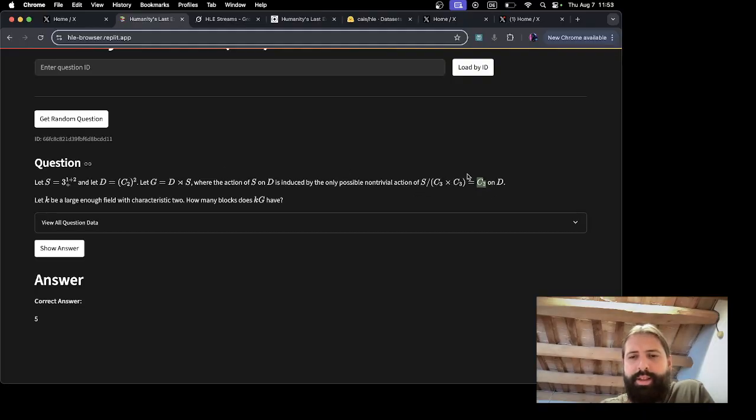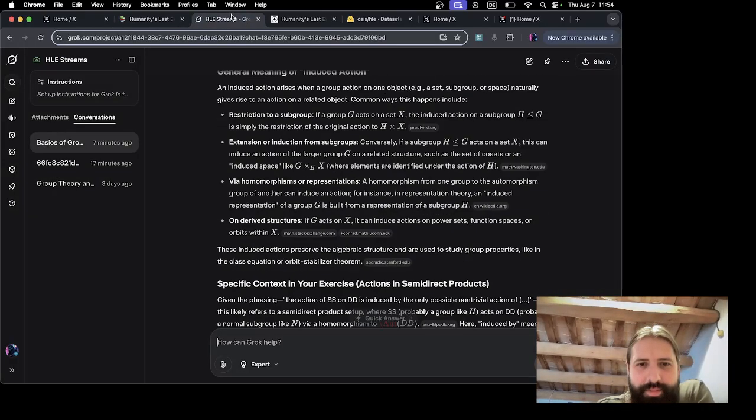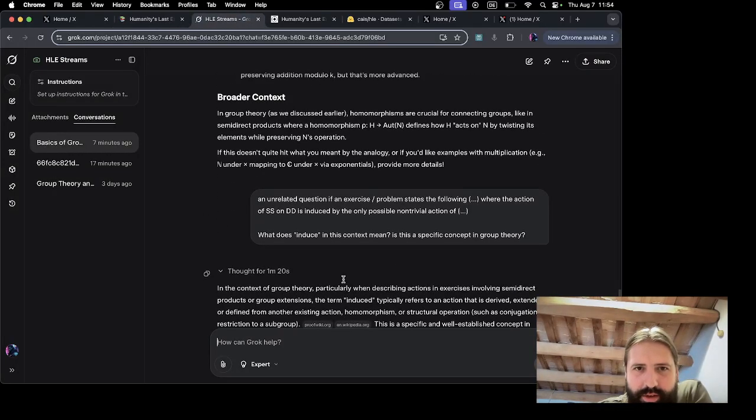And then this is supposed to help us derive the action that we need to apply from S to D. And when we have these, then we can construct G. And when we have G, then we need to understand what the heck is a field with a characteristic 2, and what a blocks. There's a lot of. Anyway, whoa, that was actually a long answer.